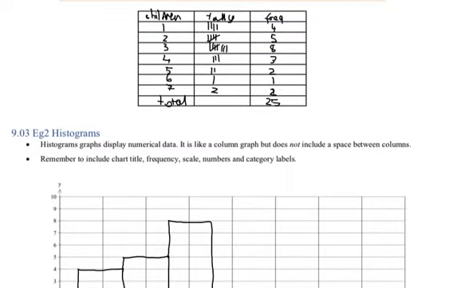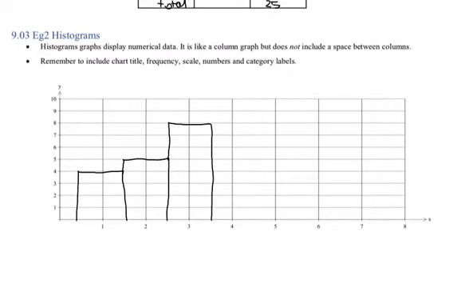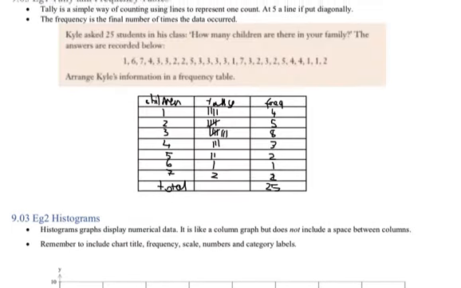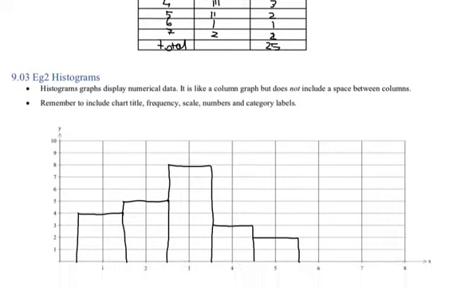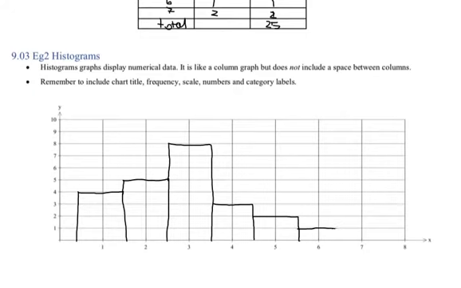We've got 4 children as 3. And we've got 5 children as 2. Six children as 1. 7 children as 2. And we stop halfway.